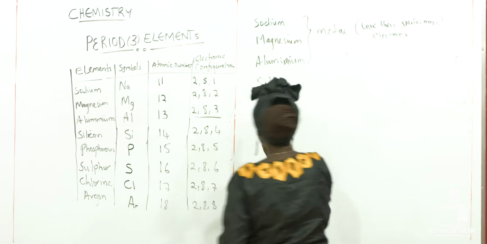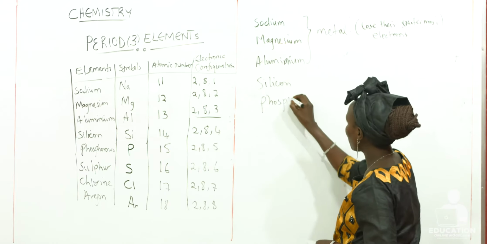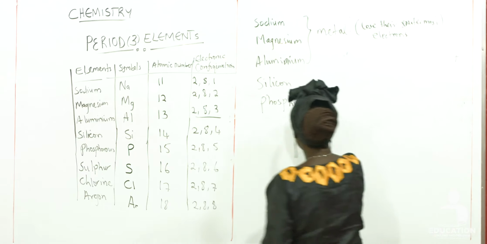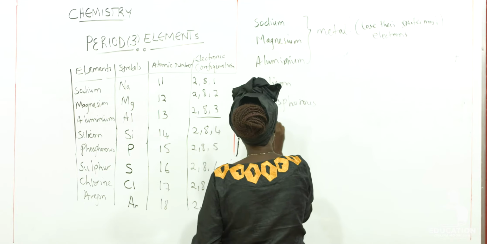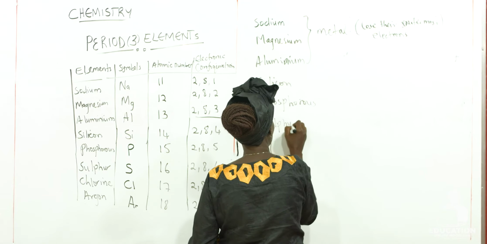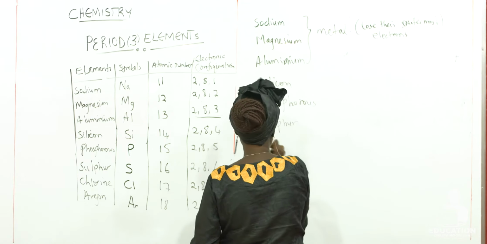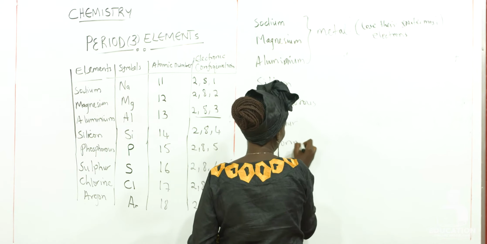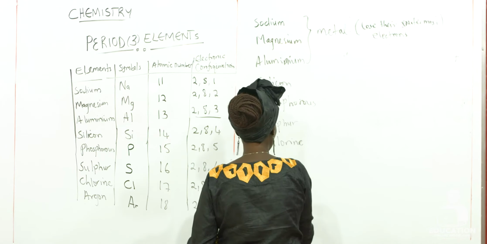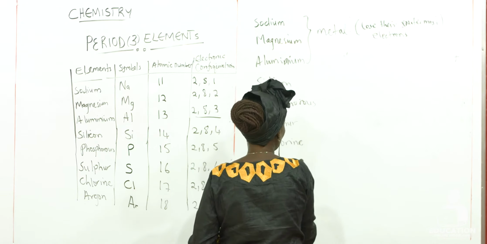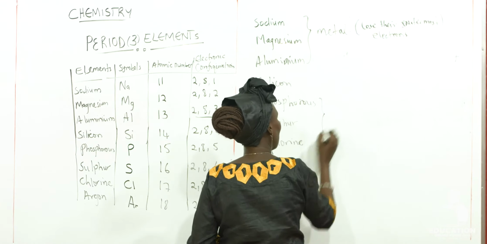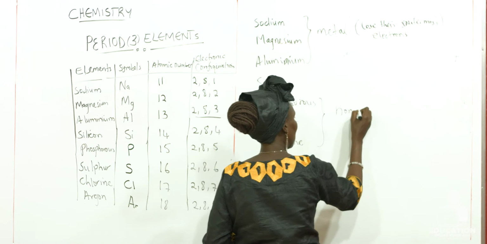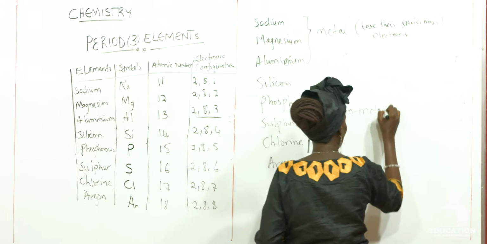Let me explain about the other three elements. Phosphorus, sulfur, and then we have chlorine, then we have argon. So these three elements here, we consider them as non-metals.